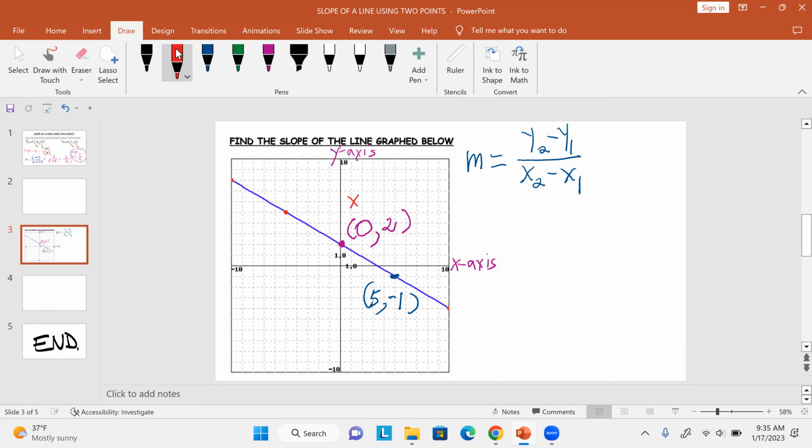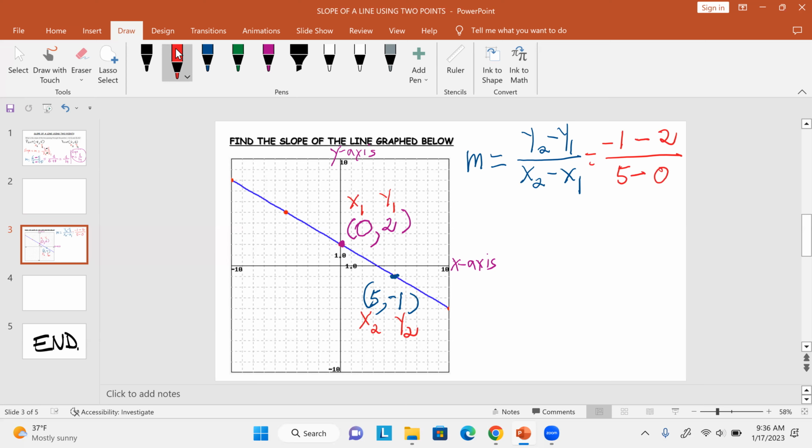So if I take this one as x1, y1, this will be x2, y2. So y2, which is -1, minus y1, 2, over x2, 5, minus x1, 0.